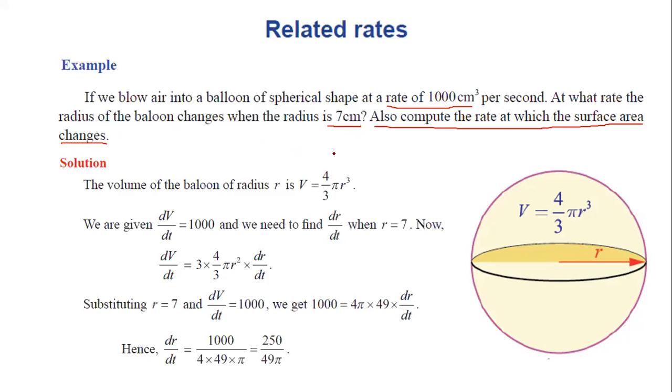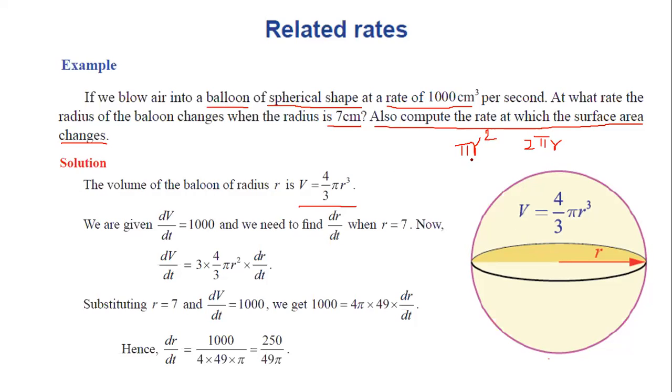First we need to know the formulas for the volume and the surface area of the balloon. A balloon means a spherical shape. That is the extension of the concept of the circle. If it is a circle, then area is pi r square and circumference is 2 pi r.